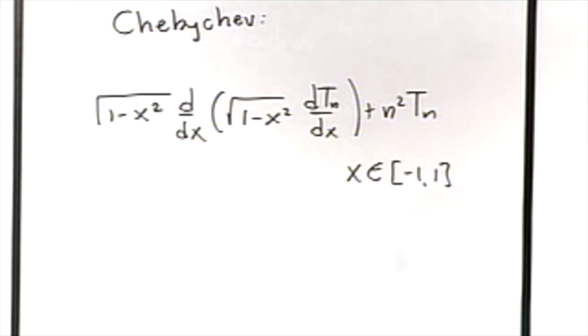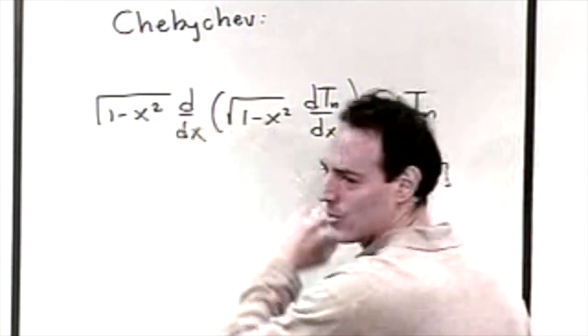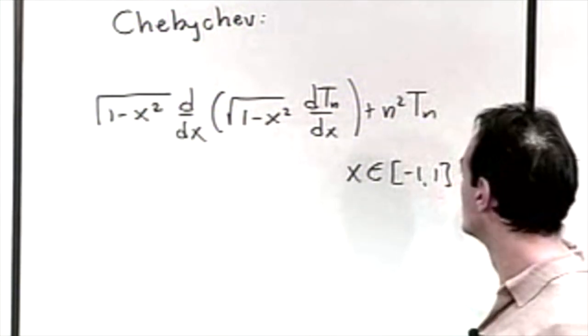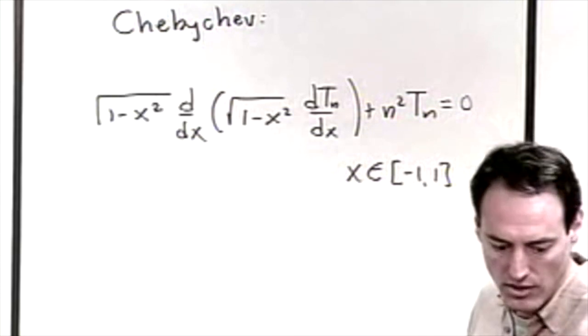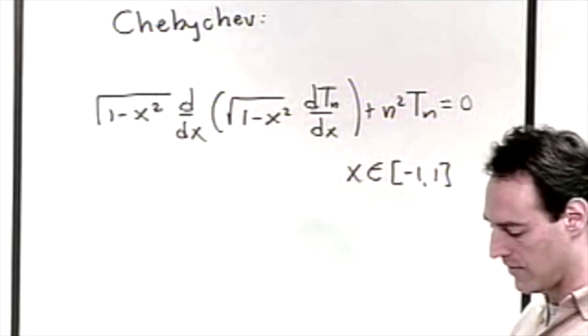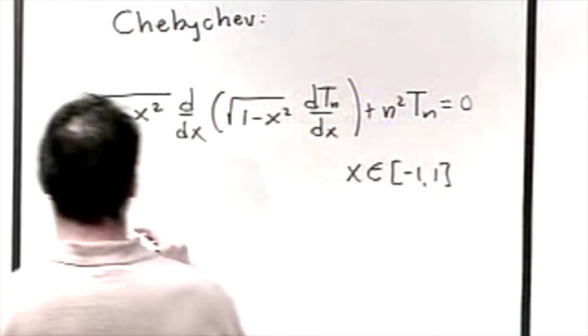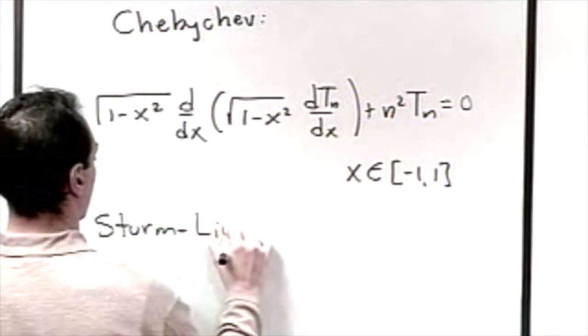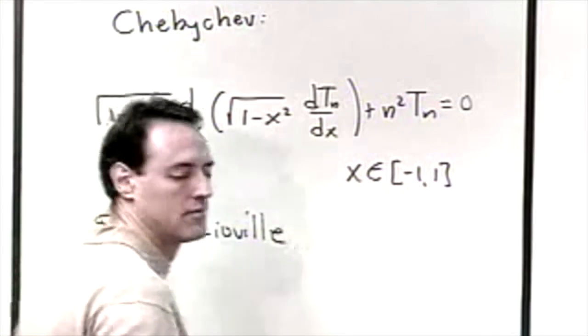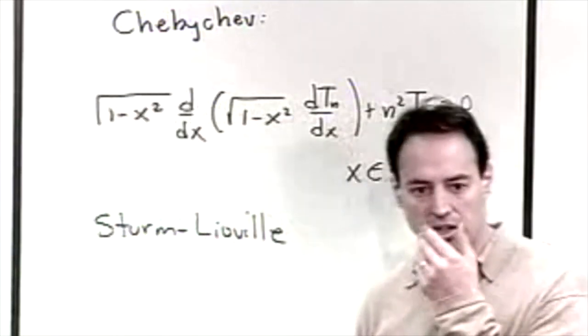It has this funny structure here with square roots of 1 minus x squared in it. Oh, and that's equal to 0. And some things to point out about this. First of all, it's a Sturm-Liouville problem. It's a very important fact.